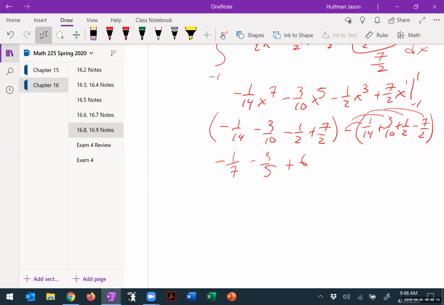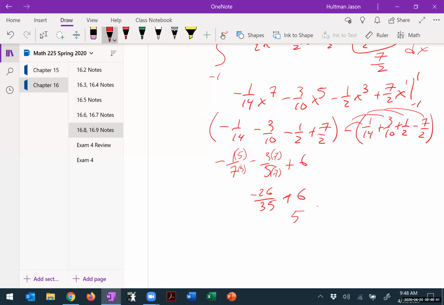Okay, so positive 6. So this is going to give me, multiply both top and bottom by 5 here, multiply both top and bottom by 7 here. And we get negative 5 and negative 21, which is negative 26 over 35 plus 6. Okay, so 35 minus 26 is 9.